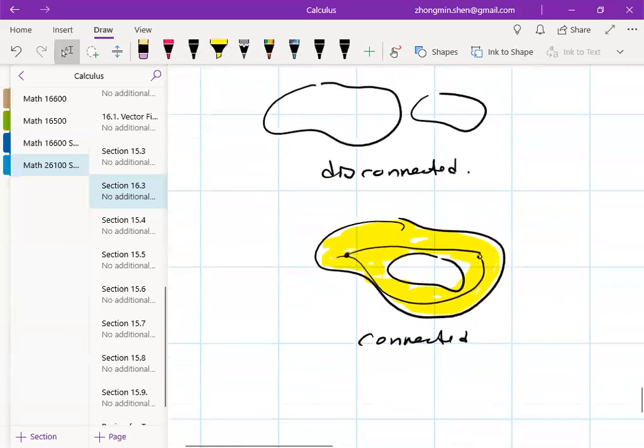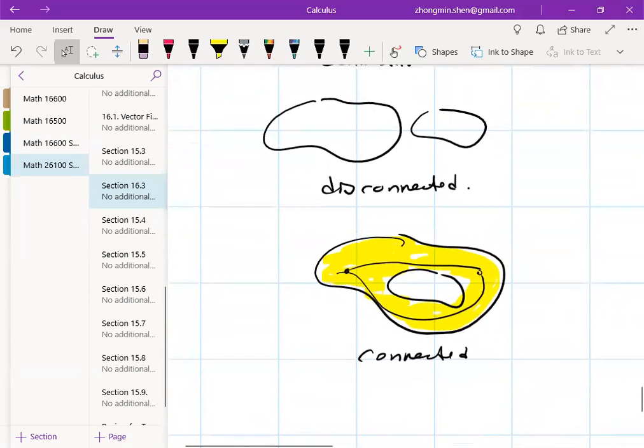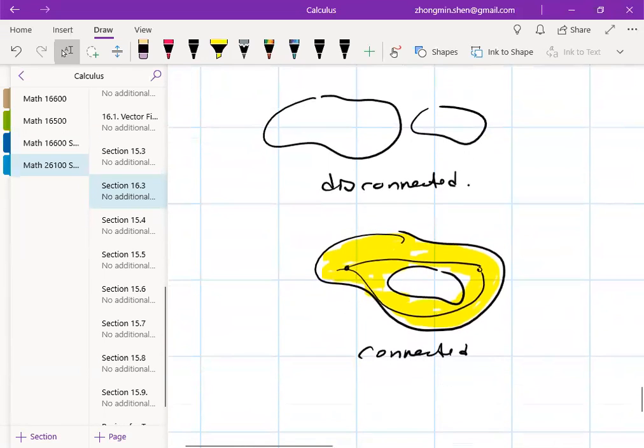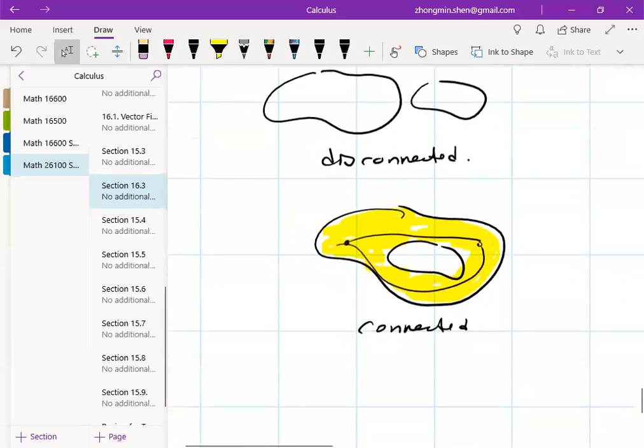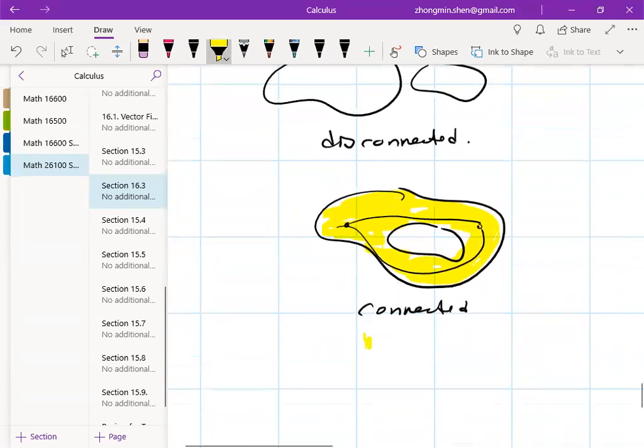But this one has a hole inside. Topologically, that's different. They're topologically different regions, so that's not the same shape. The second one has a hole, so it is connected, but it's not simply connected. As long as there's a hole inside, it's not simply connected.